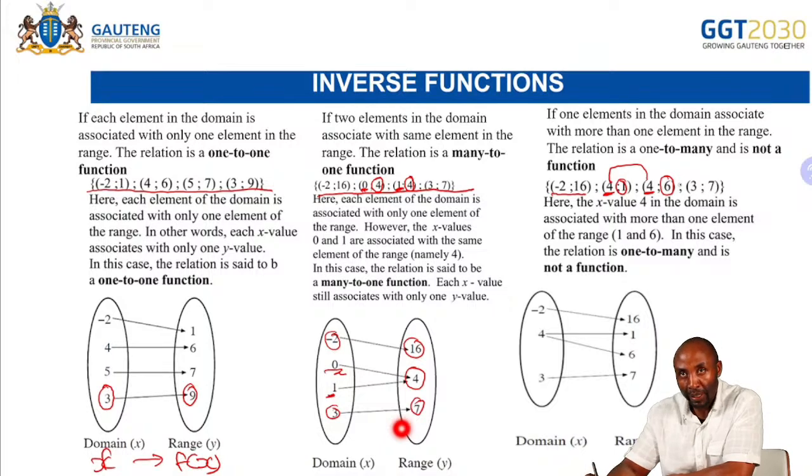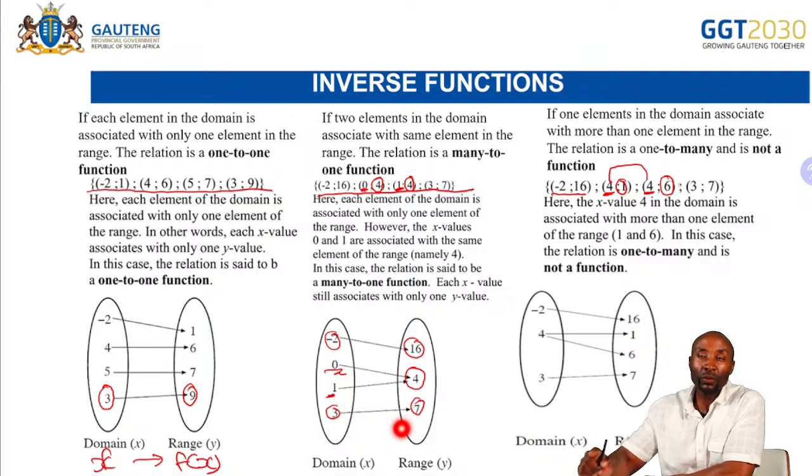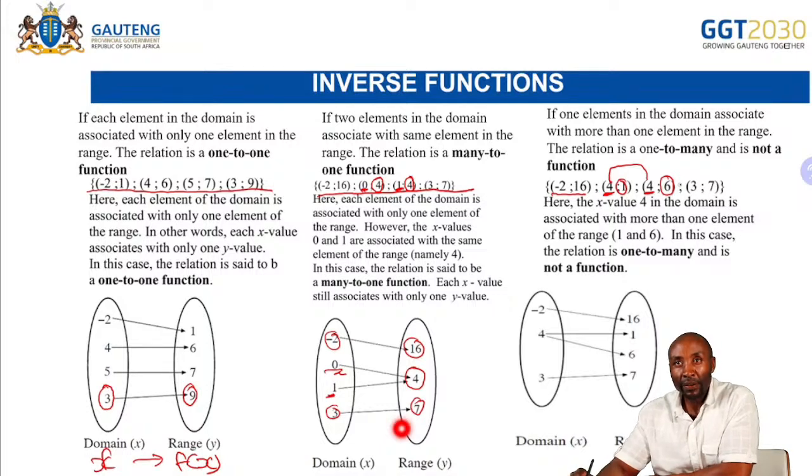You have one x value that is associating to different y values. So it's a one-to-many. 4 has another y value which is 1 and another y value which is 6. So it's a one-to-many.